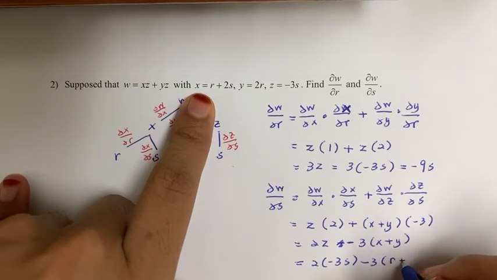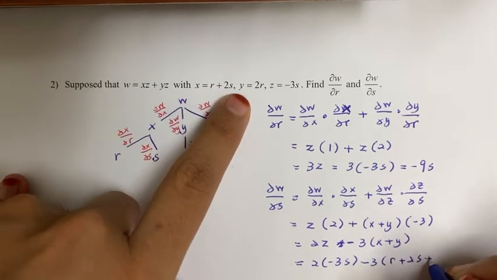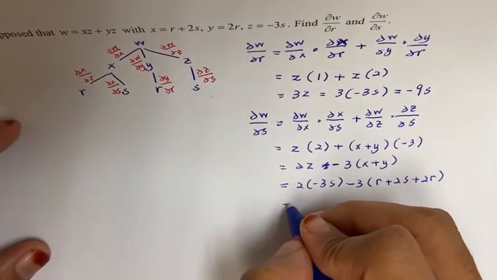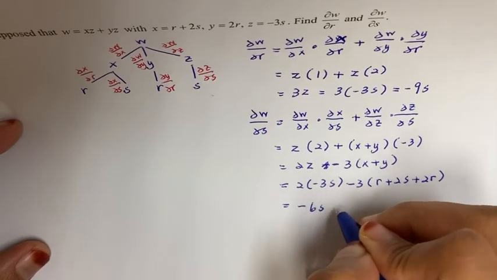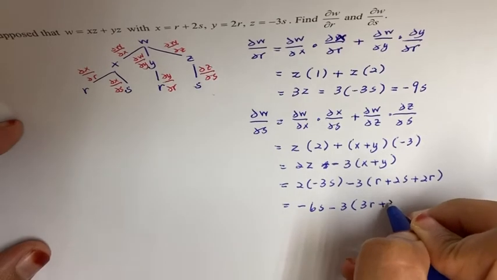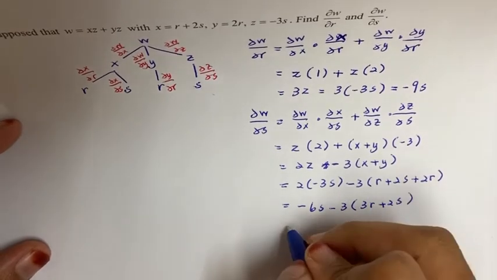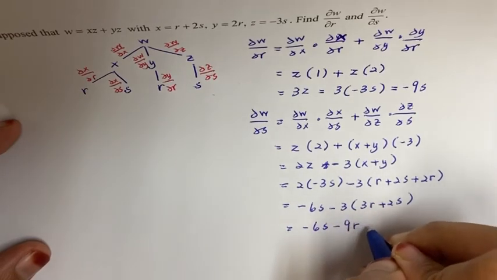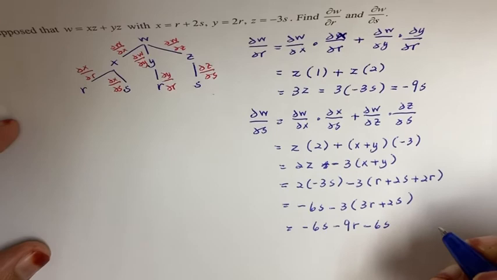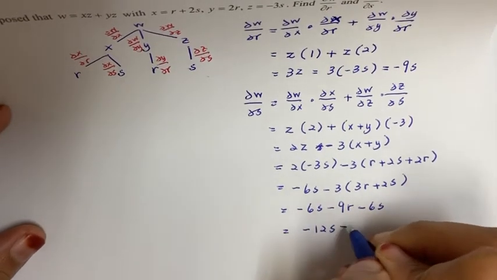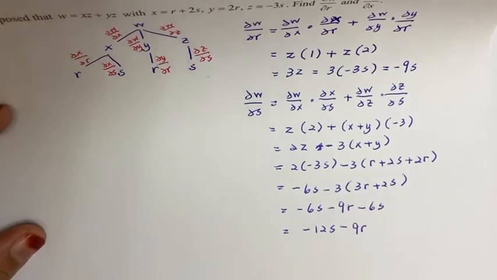So r plus 2s plus 2r. Okay. So this is equal to minus 6s minus 3r plus 2s. And this is equal to minus 6s minus 9r minus 6s. So the last answer is minus 12s minus 9r.